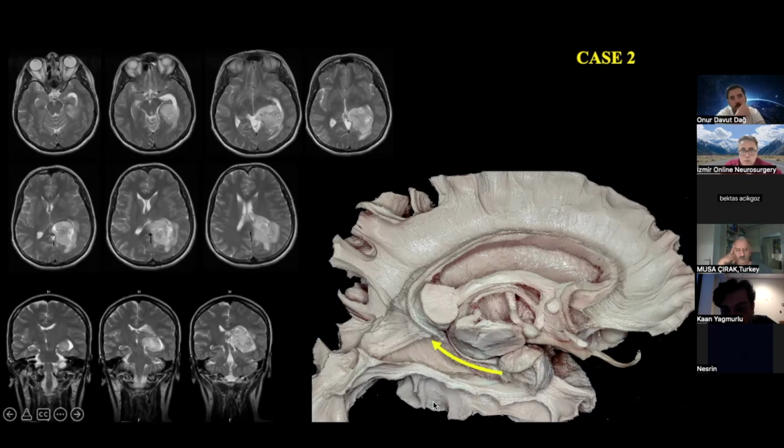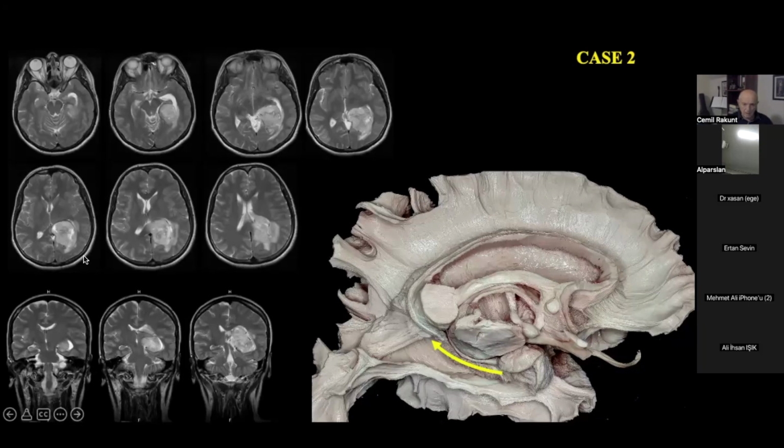Sometimes, of course, they stay here and engulf the temporal lobe. But if you look at this one, it goes backward and up, and it respects the midline here. It's a big tumor, but it still doesn't cross the midline, because it comes this way and stays in the same hemisphere and goes up instead of crossing the midline.